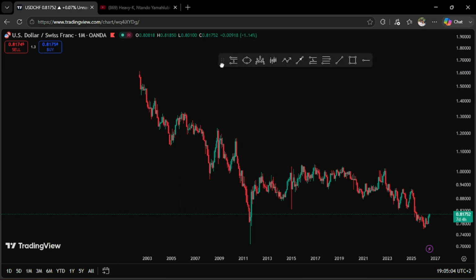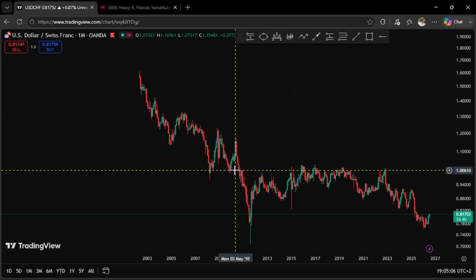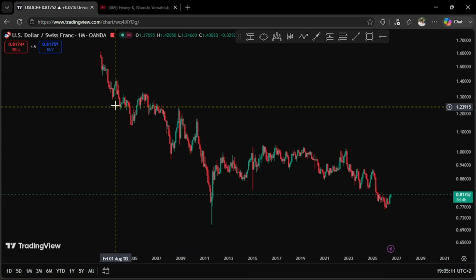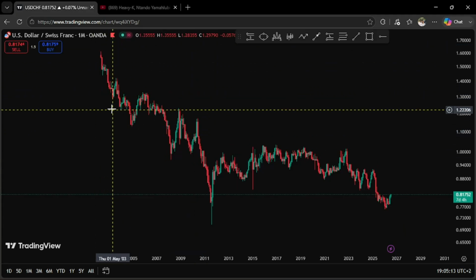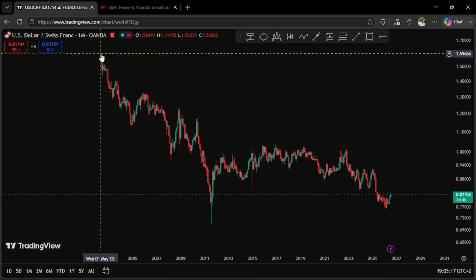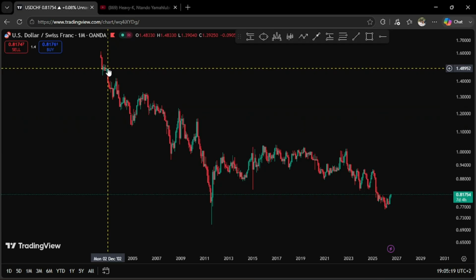Let me remove this thing quickly, put it somewhere here. So as you can see on the monthly right now, we had this whole run, and one thing I learned from the Falcon FX strategy is that in an impulsive move there are corrections, and in a correction there are impulsive moves.